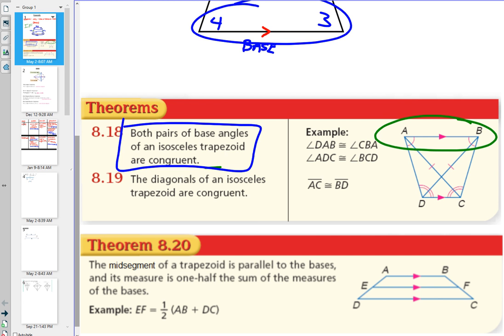The next one is a biggie too. If our trapezoid is isosceles, the diagonals are congruent. What other type of quadrilateral that we've learned about has congruent diagonals? Right? Becky?